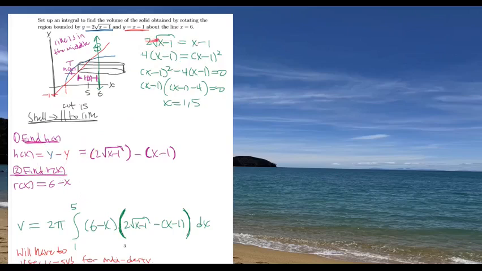So I set these equations equal to each other. The easiest thing to do is to get rid of that square root, so I square both sides. So I have 4 times x minus 1 squared. Put that on the other side, and then this is a little crazy, but you can actually do this: you can factor out an x minus 1, and then you end up getting 1 and 5 as the places where they intersect.